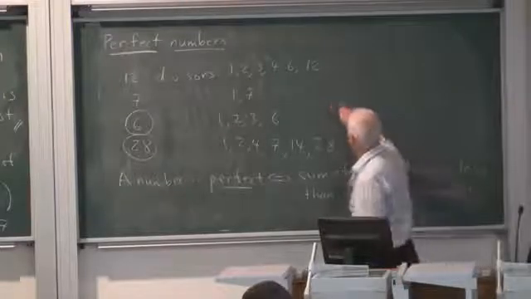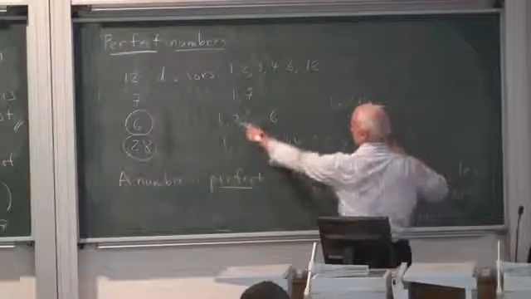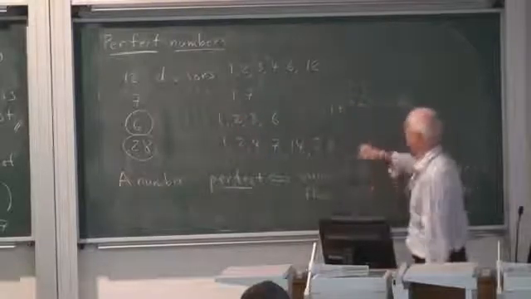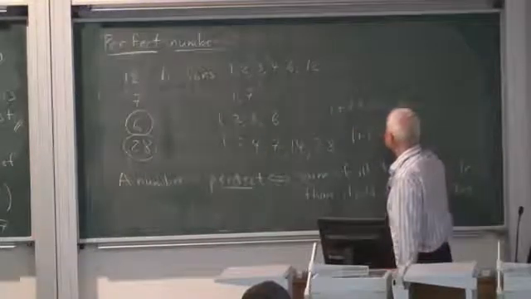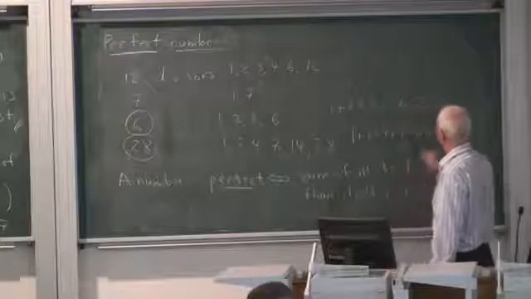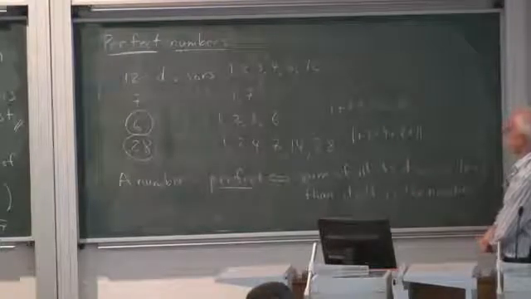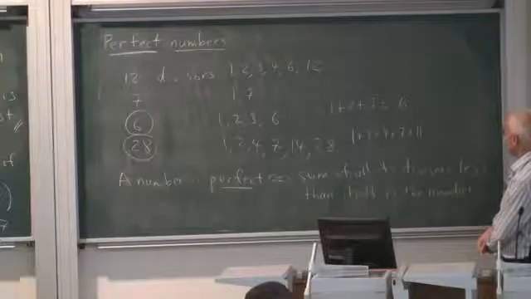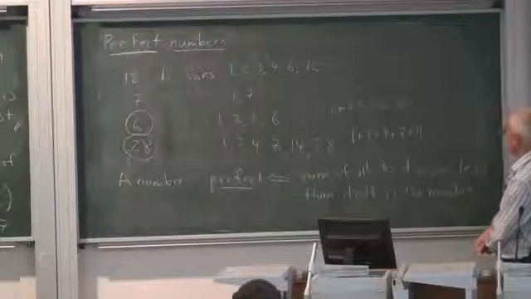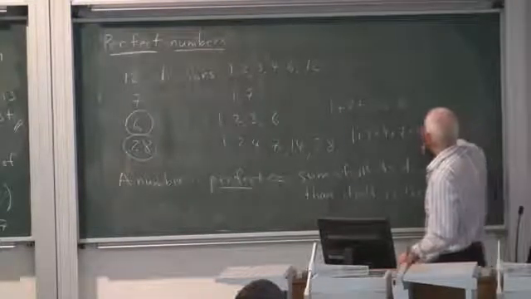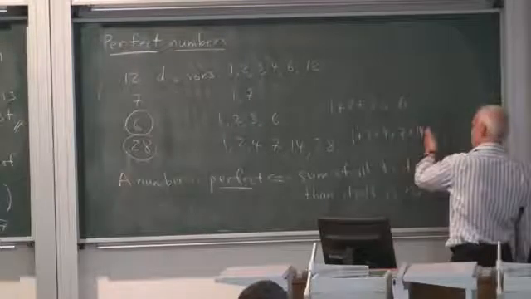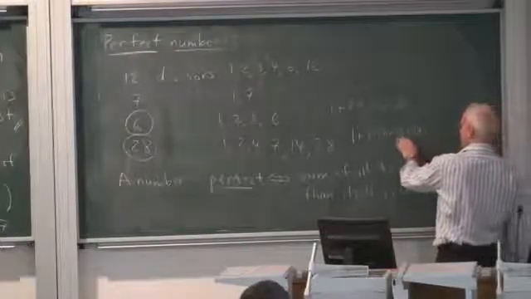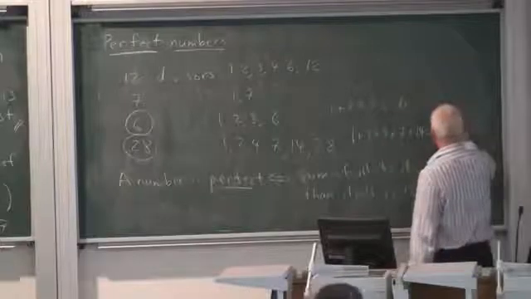So for 6, 1 plus 2 plus 3, all the divisors which are actually less than 6, equals 6. And for 28, 1 plus 2 plus 4 plus 7 plus 14 is 28.